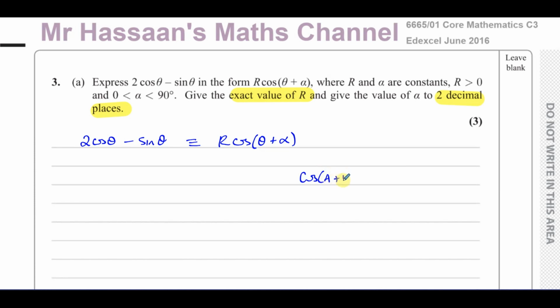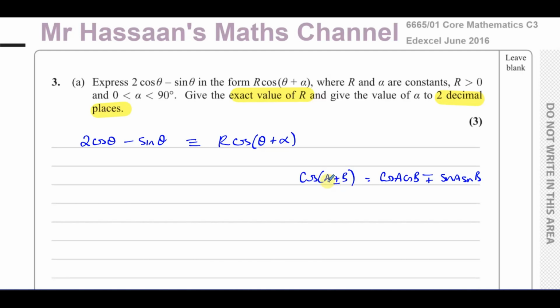The formula sheet will have cosine of A plus or minus B equals cosine A cosine B, minus or plus sine A sine B. It's one of the addition formulae.